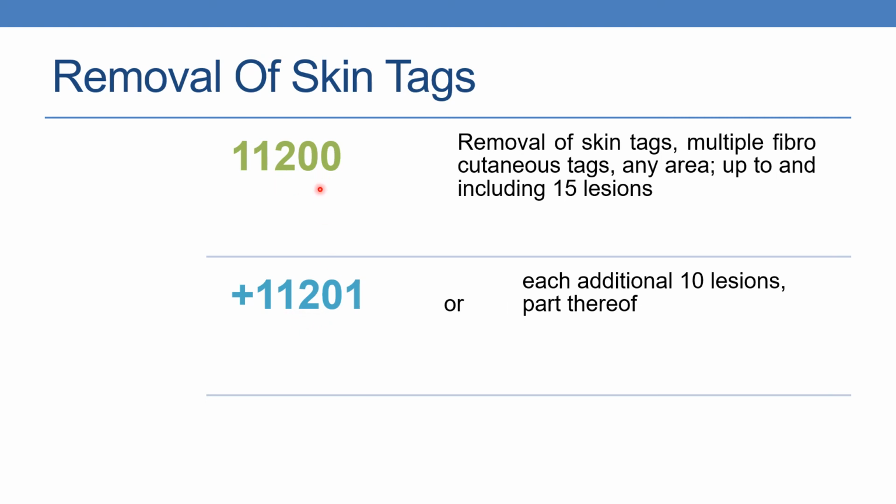The description of 11200 is removal of skin tags, multiple fibrocutaneous tags, any area up to and including 15 lesions. The next is add-on code 11201, removal of skin tags, each additional 10 lesions or part thereof. So for the first 15 lesions, you will report 11200, and for each additional 10 lesions after 15 lesions, you report it with add-on code plus 11201.